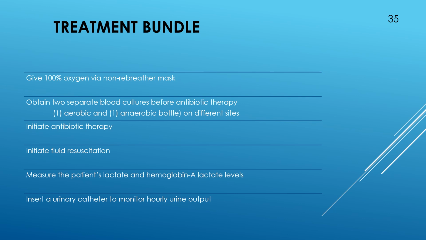You need to initiate antibiotic therapy based upon the type of bacteria you have, and initiate fluid resuscitation. You also need to measure the patient's lactate and hemoglobin A lactate levels, and insert a urinary catheter to monitor urine output. All of these things are the treatment bundle, and I'll go into more detail on the next slides.